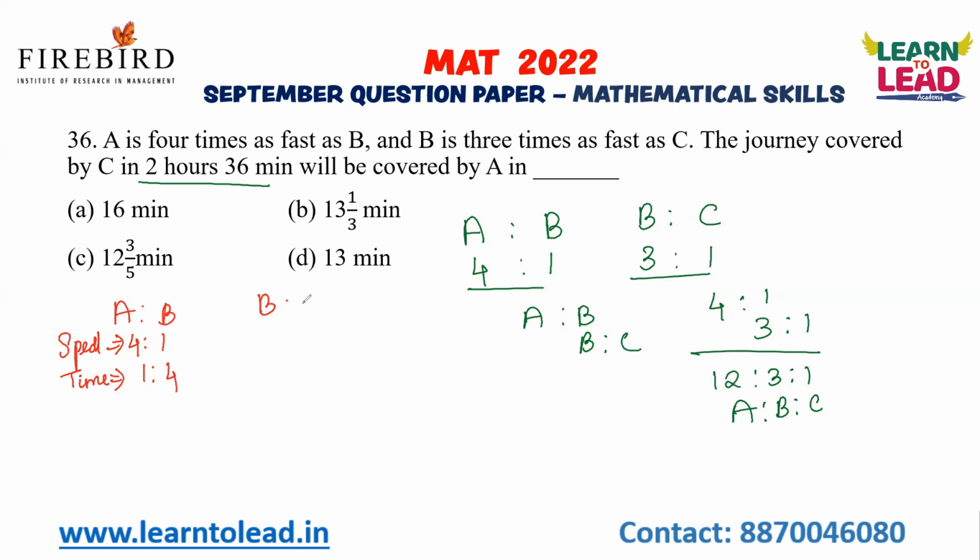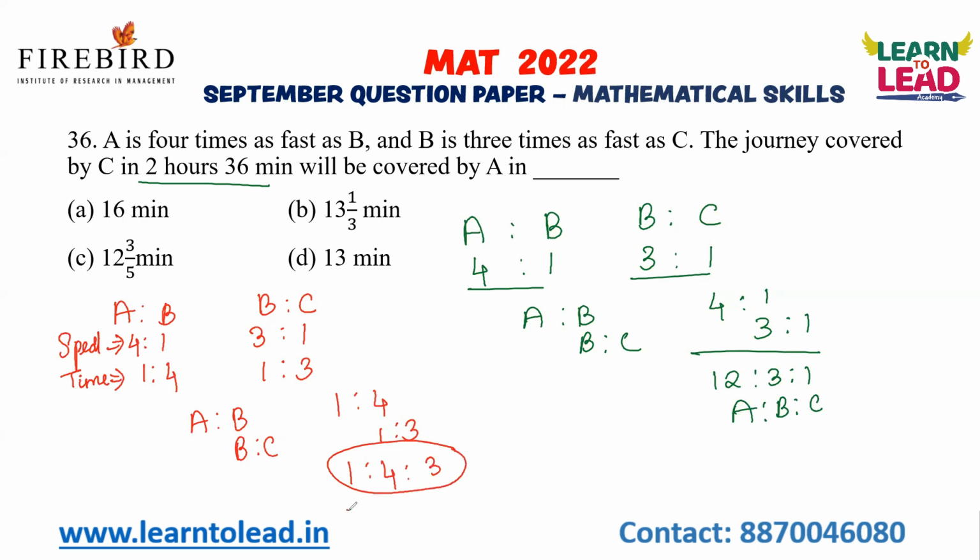And B is to C, as speed is 3:1, the time ratio is 1:3. Okay, so A is to B, B is to C. So 1:4, 1:3. 1:4:3 is your answer. This is the ratio of A is to B is to C.